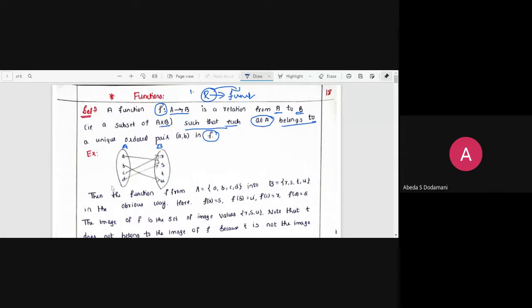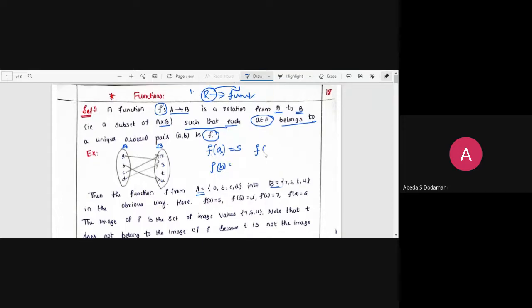So this function from set A to B is one of the obvious ways. If I want to know the image f of a, where it is mapping, a is mapping to s. f of b is equal to u.